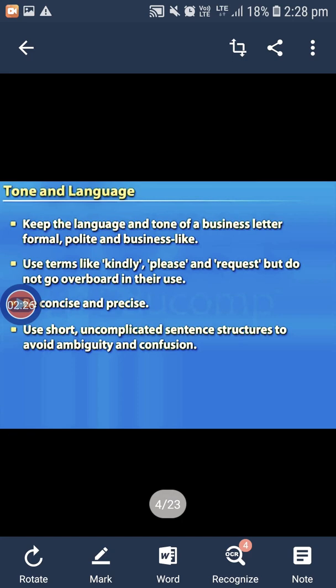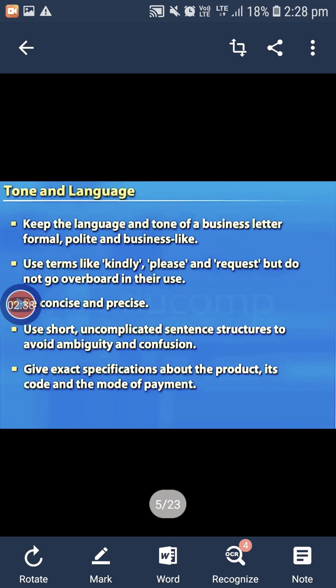Use short, uncomplicated sentence structures to avoid ambiguity and confusion, and give exact specifications about the product, its cost, and the mode of payment. Lastly, do not forget to write the delivery mode.